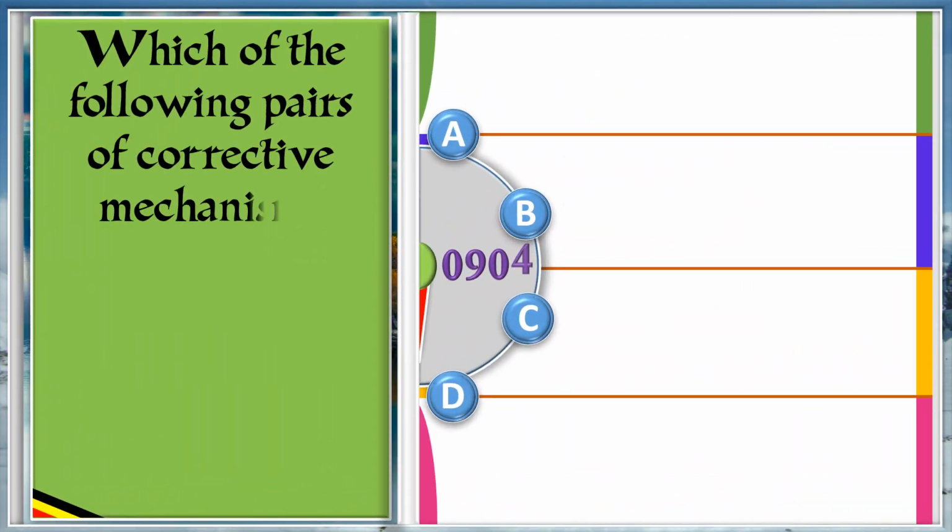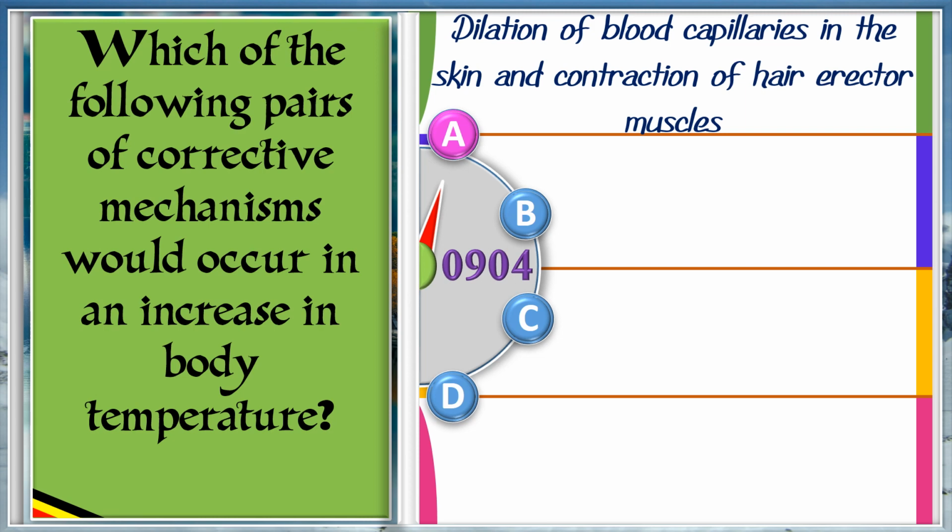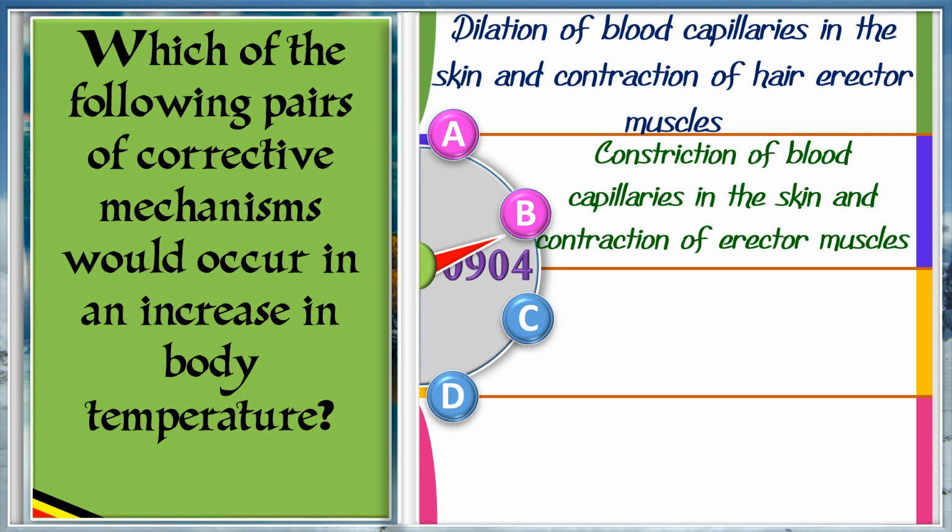Which of the following pairs of corrective mechanisms would occur in an increase in body temperature? A. Dilation of blood capillaries in the skin and contraction of hair erector muscles. B. Constriction of blood capillaries in the skin and contraction of erector muscles.